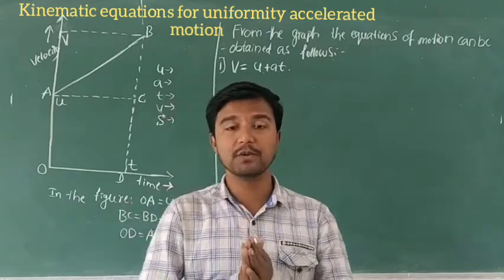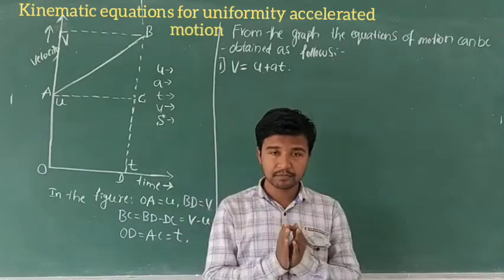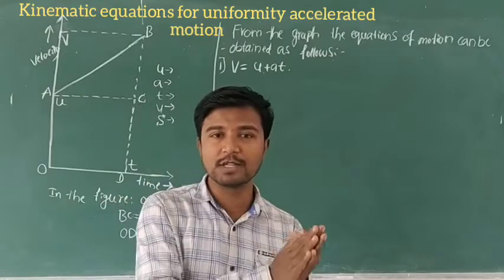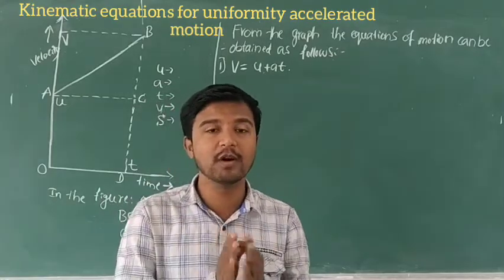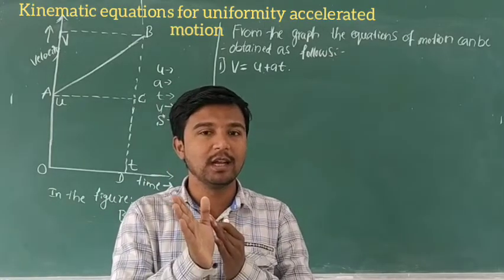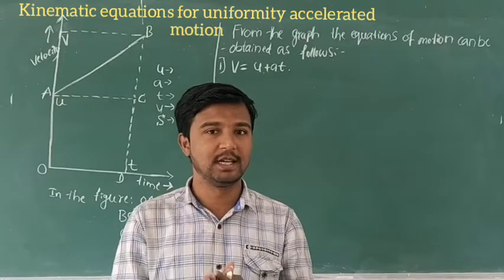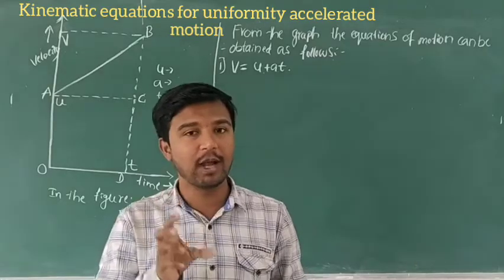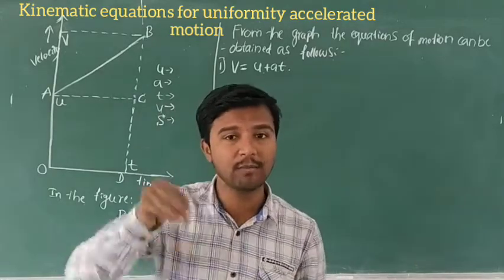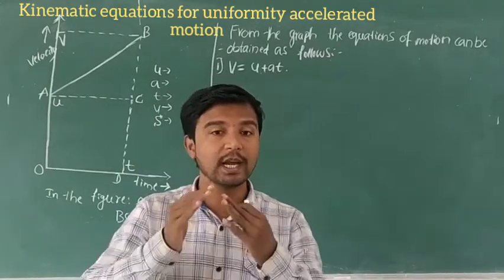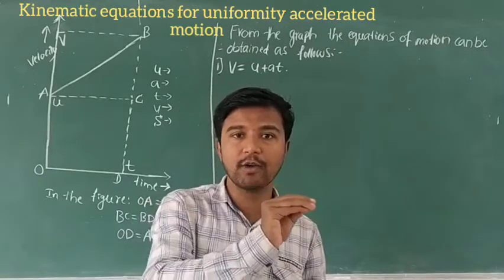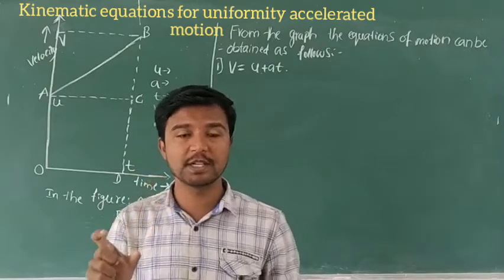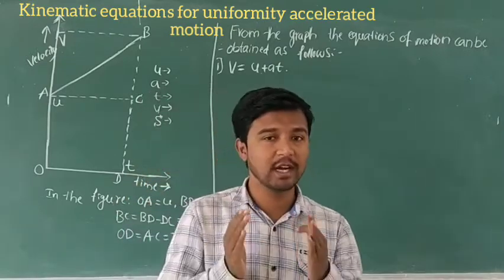Here we use the velocity versus time graph concept, because when the velocity changes for a body, the body is acquiring acceleration. So in a time interval, we use the velocity time graph in these kinematic equations for a uniformly accelerated motion.